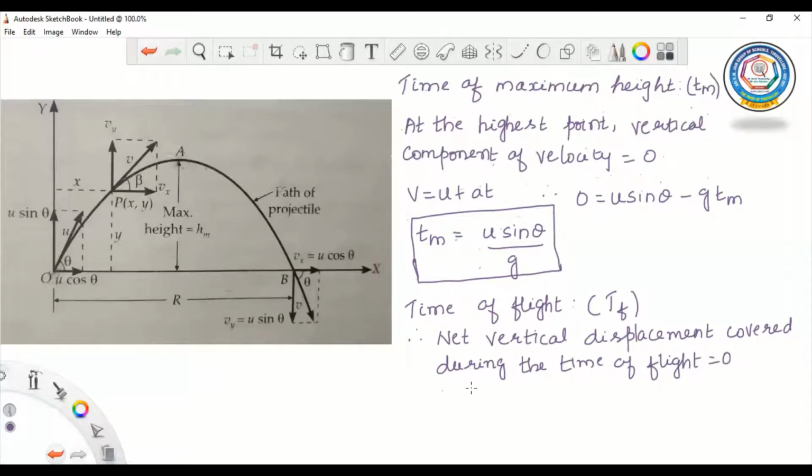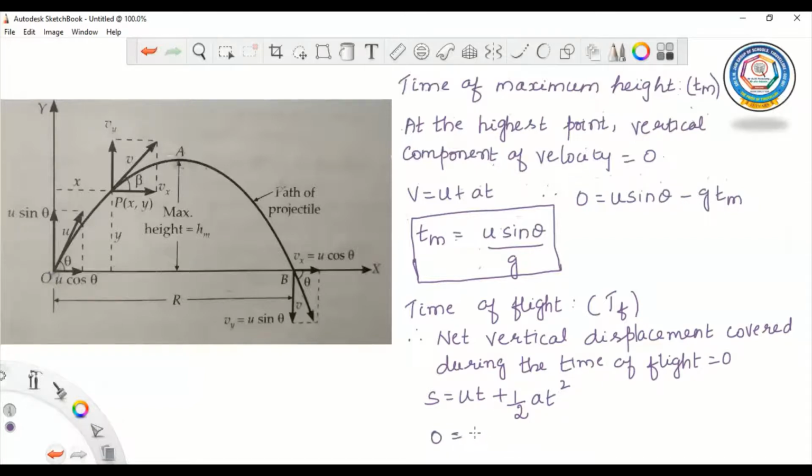Now let us consider the second equation of motion, s is equal to ut plus half at square, and again 0, because net vertical displacement is 0 here.